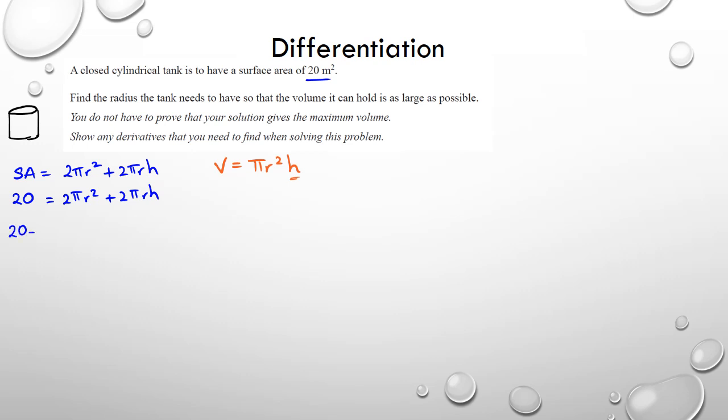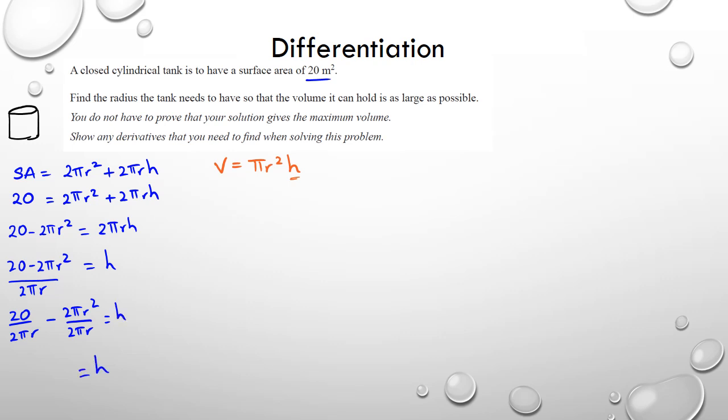So I have 20 minus 2 pi r squared equals 2 pi r h. Therefore h is equal to 20 minus 2 pi r squared over 2 pi r. Simplifying, I have 20 over 2 pi r minus 2 pi r squared over 2 pi r equals h.